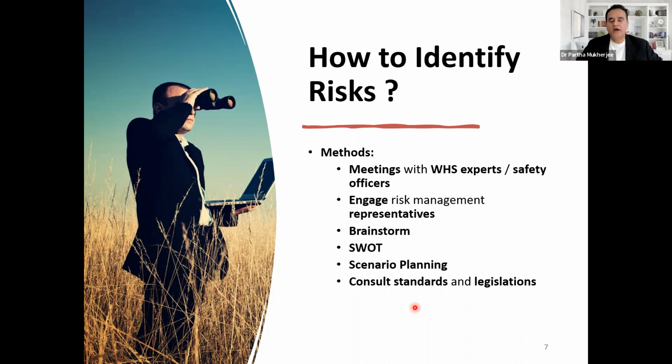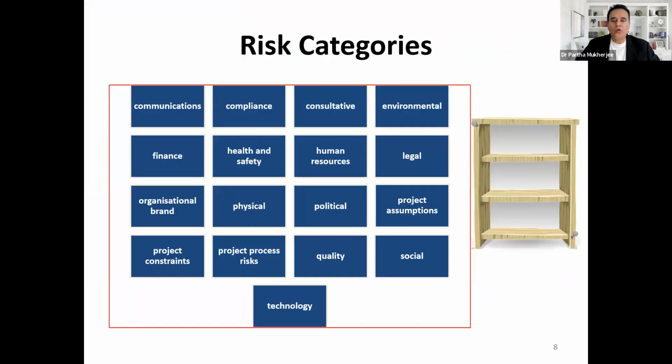Okay, so this is a good slide for you to use when you're starting your planning to identify the risk. The next one, you need to know that all the risks from the brainstorming and scenario planning that you have done, you have to put into different categories. So there are 17 categories I've given here.